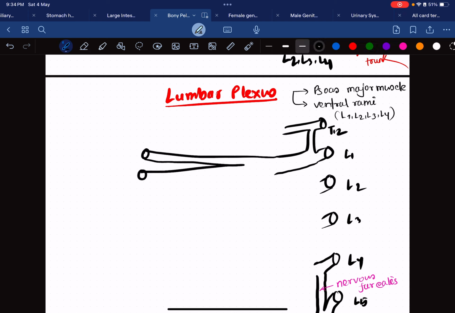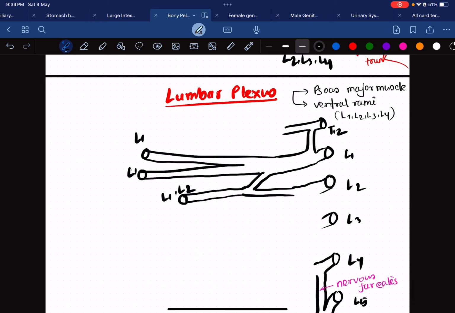Also along with this, it gets a twig from thoracic 12 to form the genitofemoral nerve. This is lumbar 1 and lumbar 2.